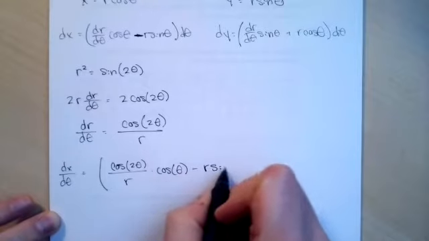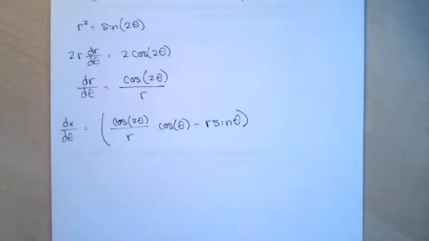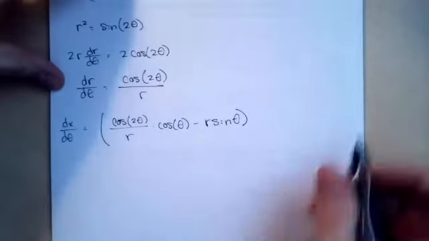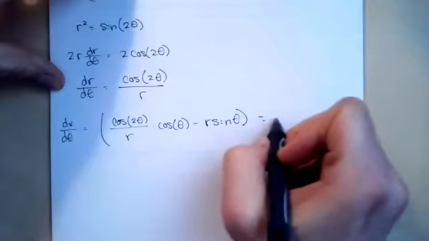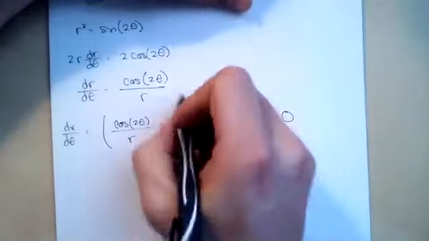So we're not substituting in r as a function just yet. We might have to. And so if this is our dx d theta, we want to know where that is equal to 0. So when our rate of change of x is 0, this gives us our vertical tangent lines.